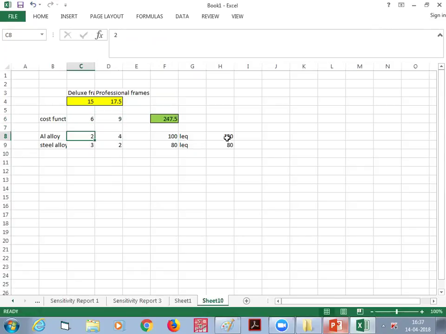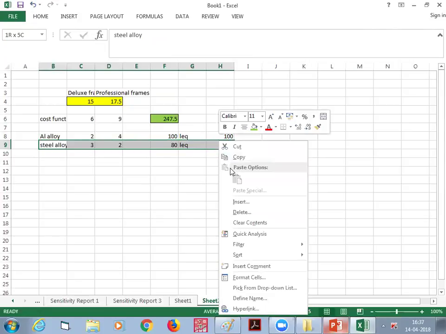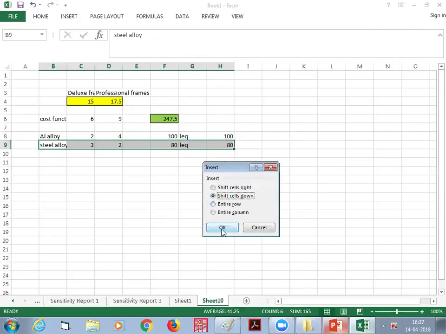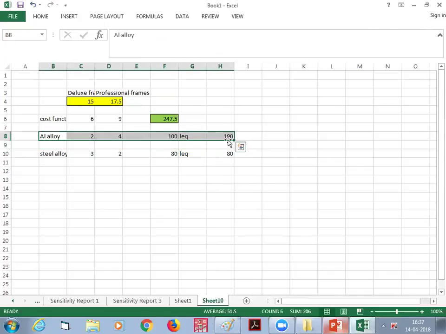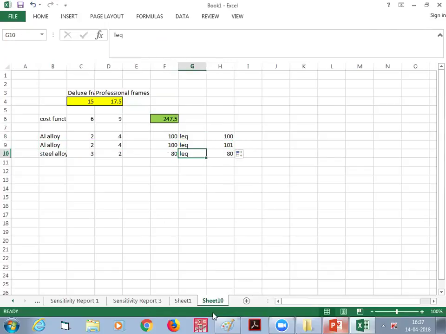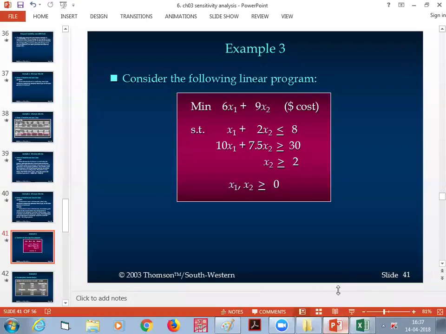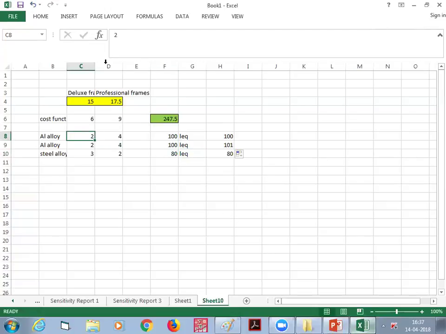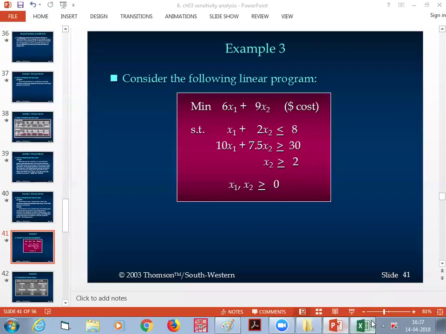All right, and we have 3 constraints this time. So I'll just push this down. The coefficients are 1, 2, 10, 7.5, and 1. Now, what do we have on the right hand side? 8, 30, and 2.